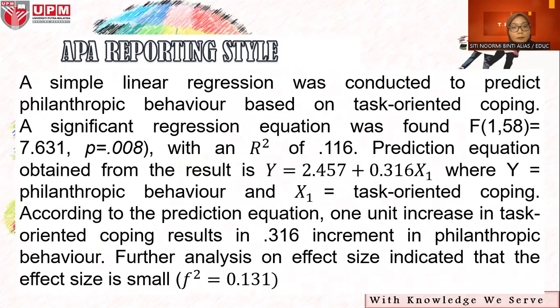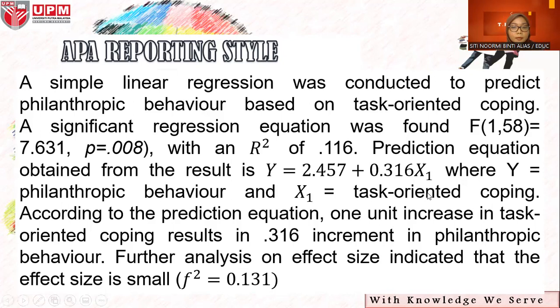A significant regression equation was found, which is F(1, 58), with degrees of freedom and sample size, equals to 7.631, significant value 0.008 with an R square of 0.116. So the prediction equation obtained from the result is Y equals to 2.457 plus 0.316 x1, where Y equals to philanthropic behavior and x1 equals to task-oriented copying.